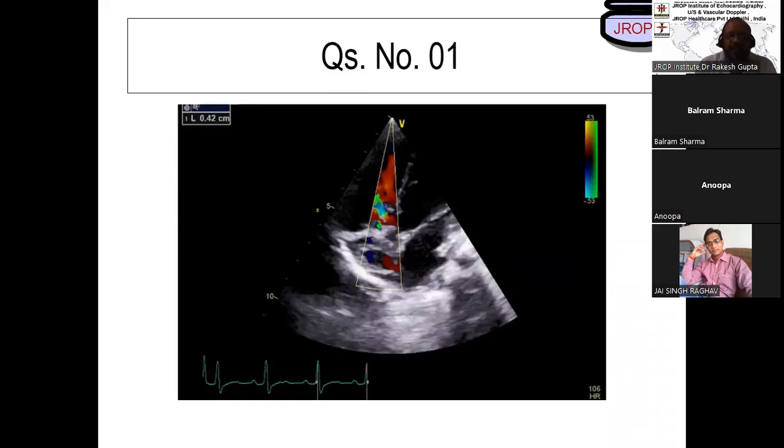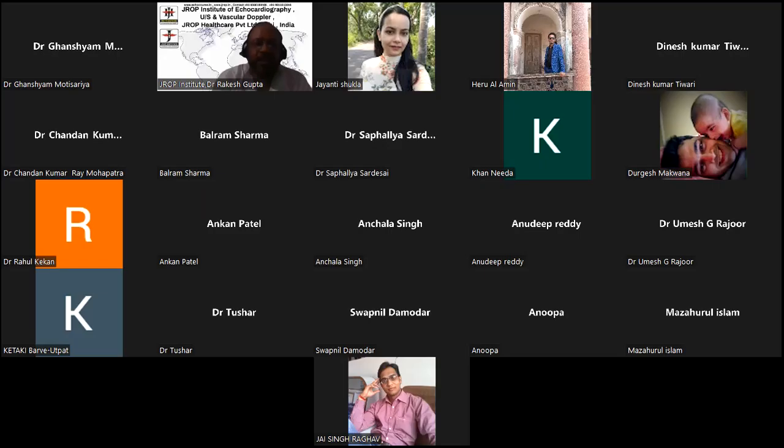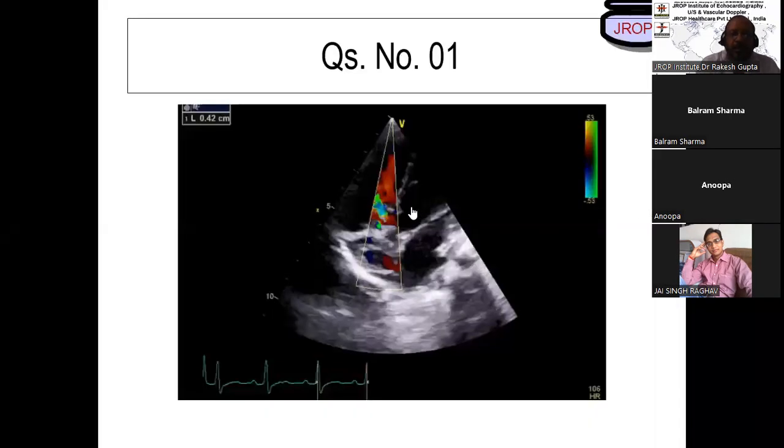Perfect. This is the most important thing, Balram. You said that this is the turbulence. And why is there no turbulence out here? There's no turbulence out here.